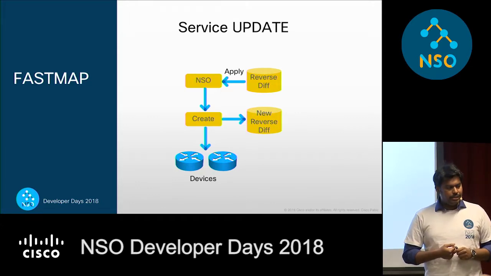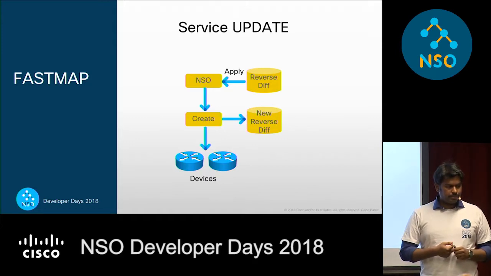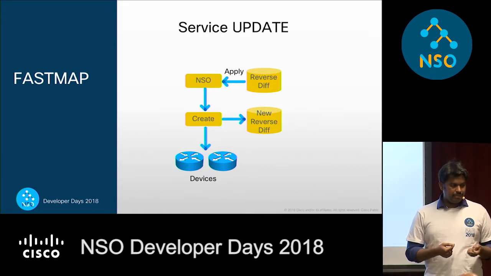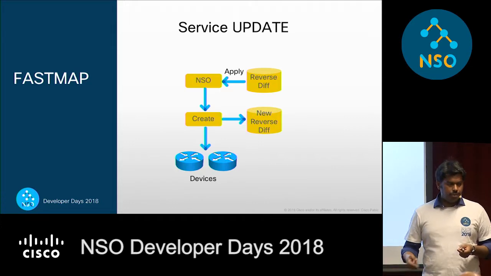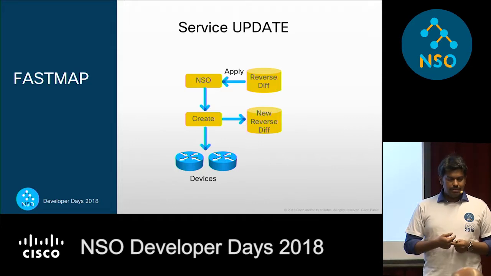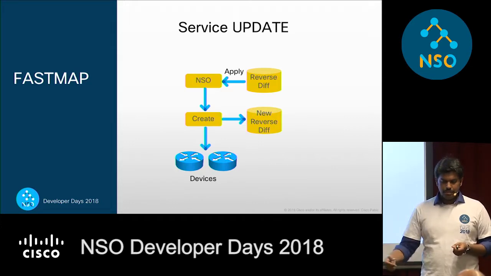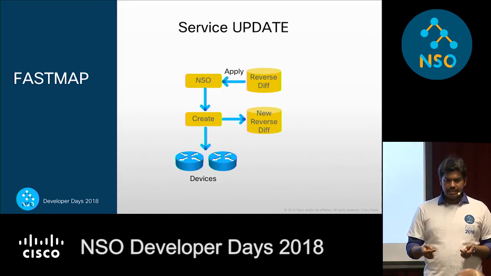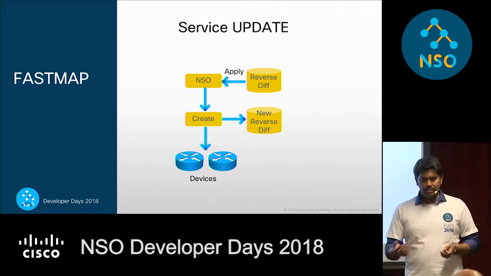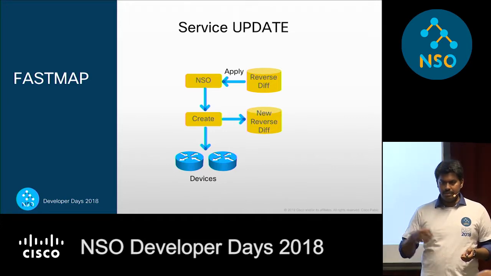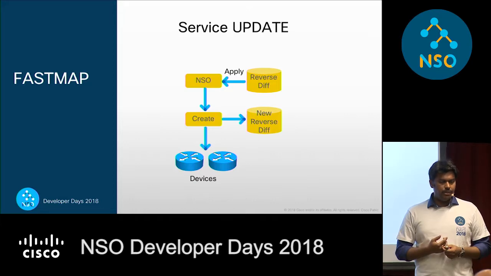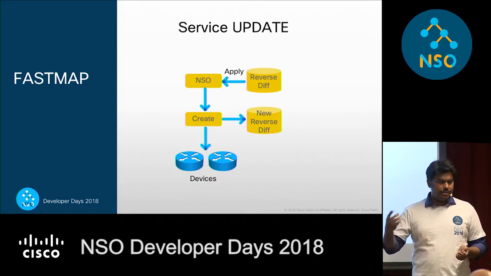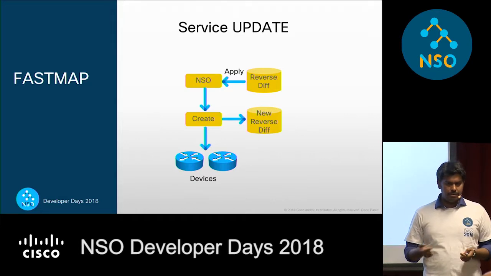In those cases, the algorithm is basically the same, but you run the overall fastmap loop multiple times. The first time you run it, you probably get the address, and then the address is written to operational data, and some subscriber that is waiting for updates to a particular tree will see that you have got the address now and will trigger a redeploy of the service.